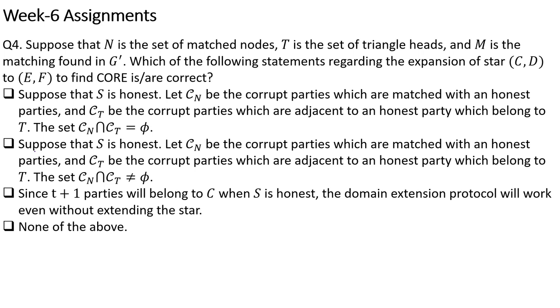So in the consistency graph G, all the honest parties must be connected to each other because they will be consistent with each other. Now the question says that if S is honest, let Cn be the set of corrupted parties which are matched with honest parties.